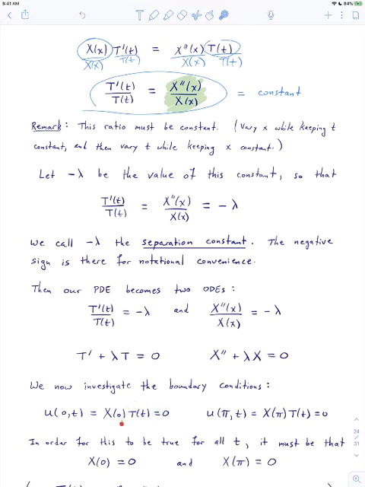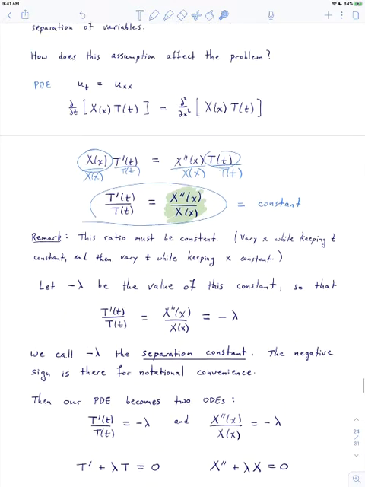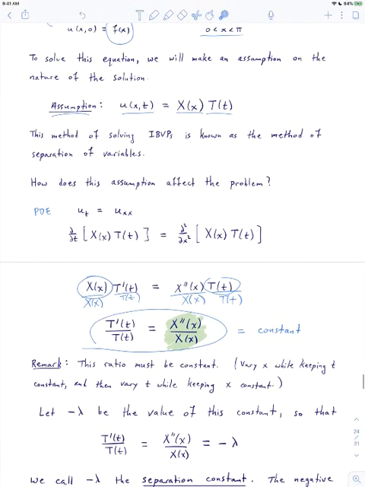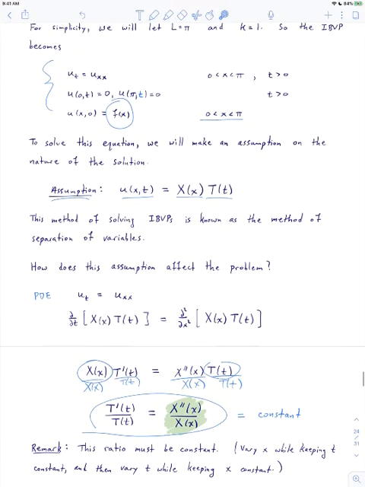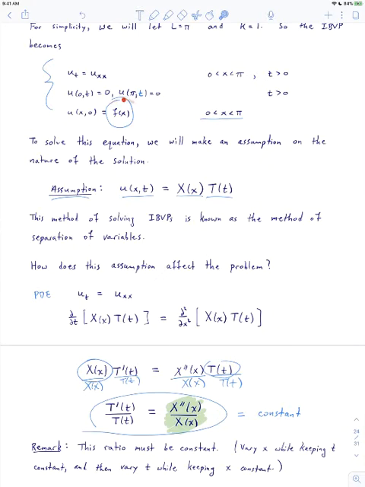But if capital T at t is 0 for all t, that tells us that our function u, which is the product of these things, is 0 at all times. We don't want u to be 0, that's the trivial solution. And it might not even be accurate as long as this function f is not 0.